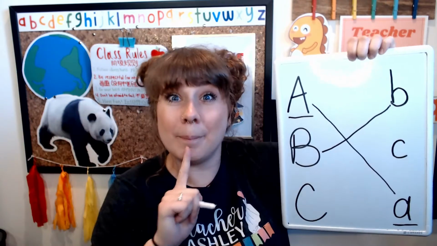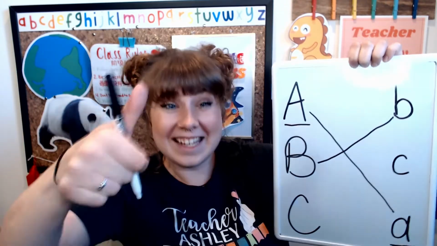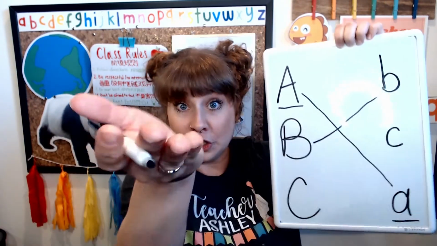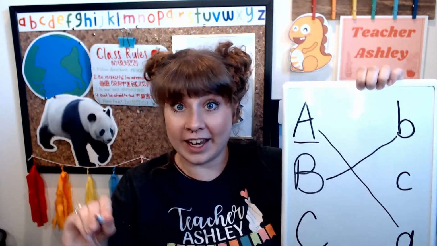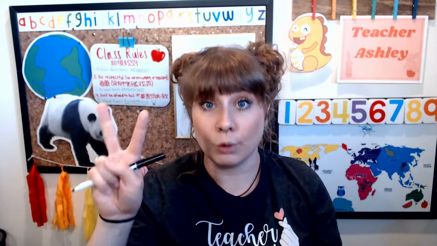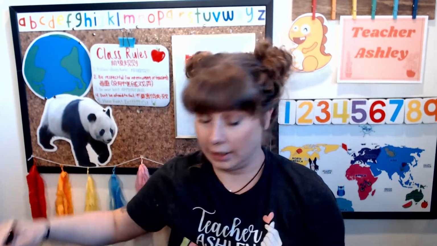Good job, B. Yes. Your turn. Can you draw a line? Way to go. Okay, so I do, we do together, you do on your own. That's the modeling approach.